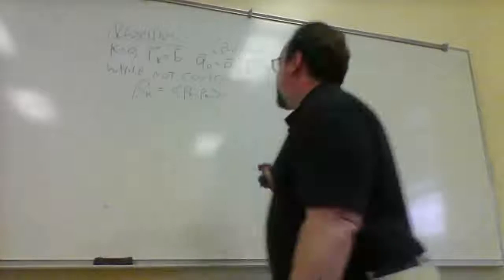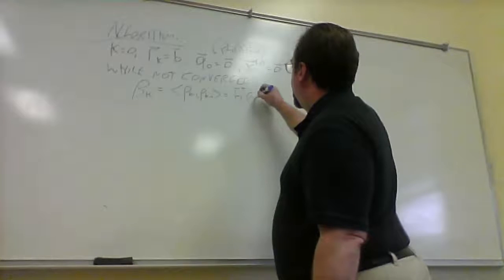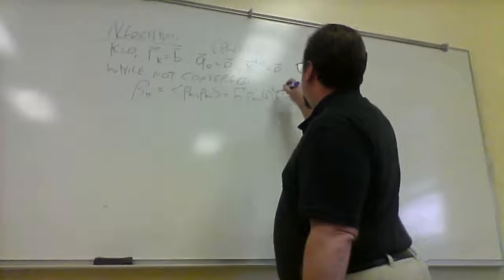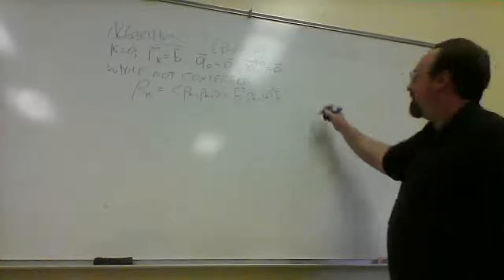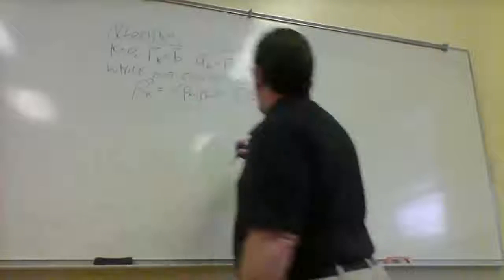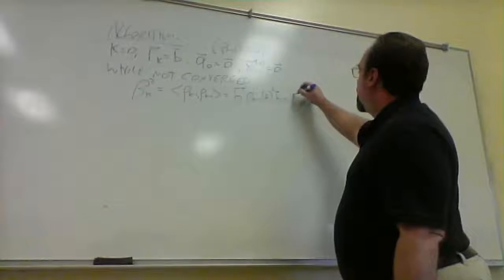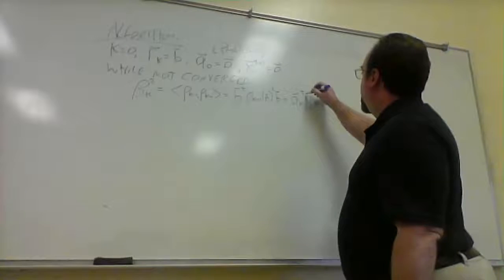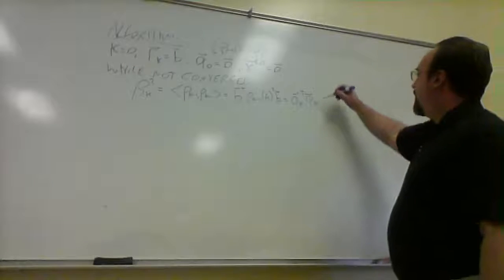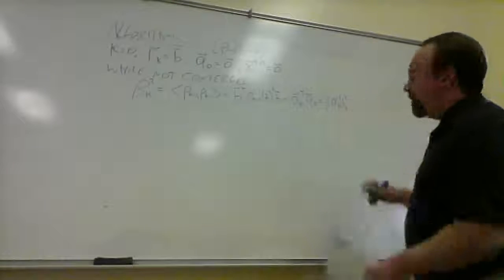But it turns out how I can actually compute that in a practical way, that's the same as b transpose pk minus 1 of A squared times b, which would be the same as Qk transpose Qk, but that is the 2 norm of Qk squared.